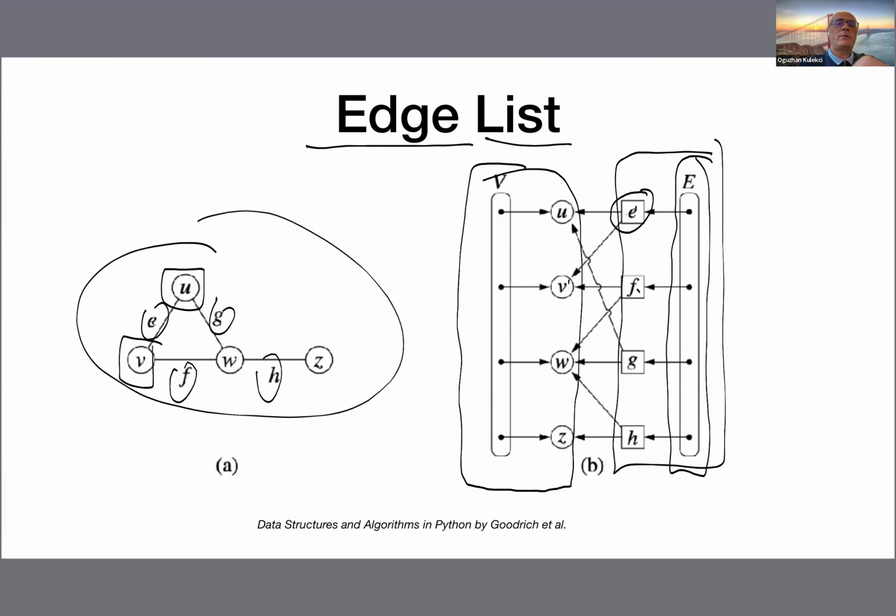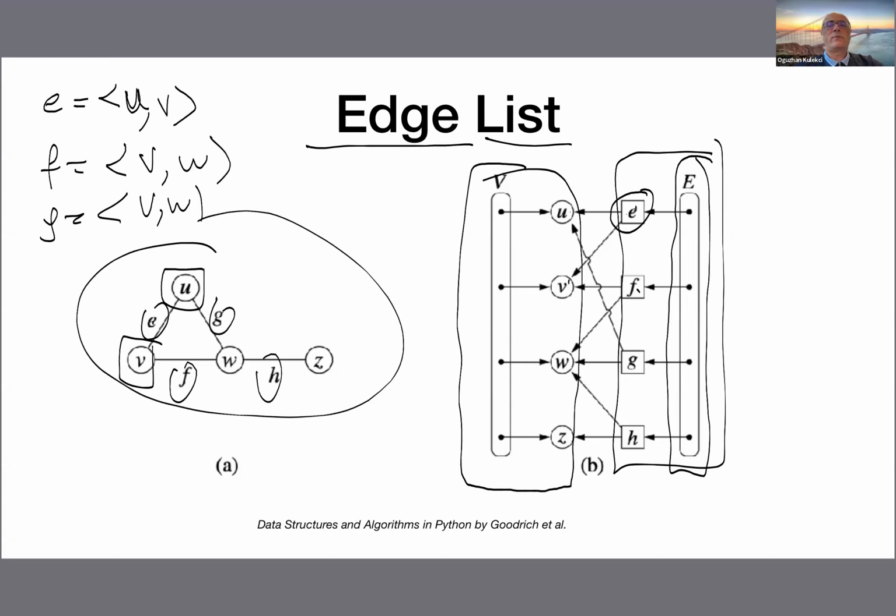In other words, E is connecting U and V. And F is connecting V with W, right? And G is U and W, and the rest. So this is called the edge list representation.